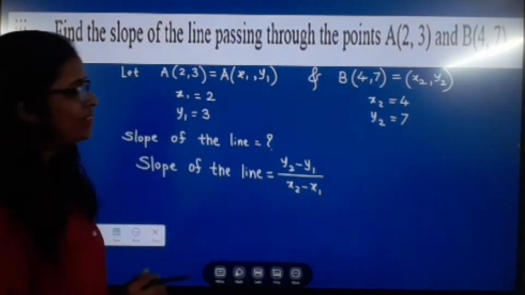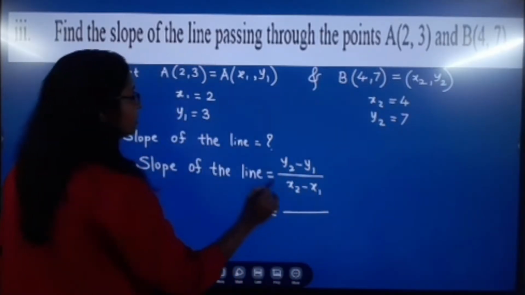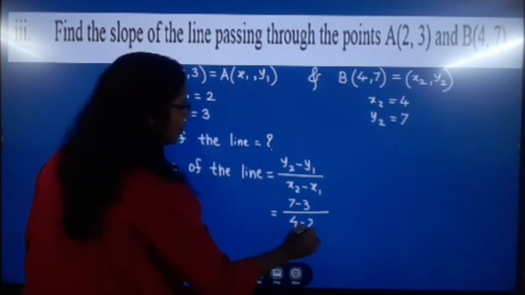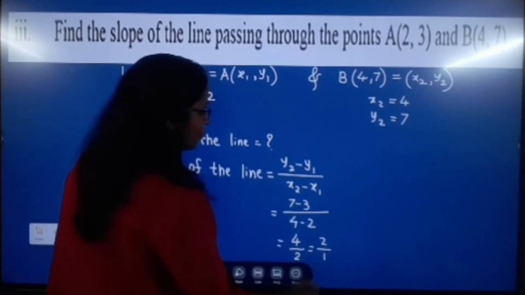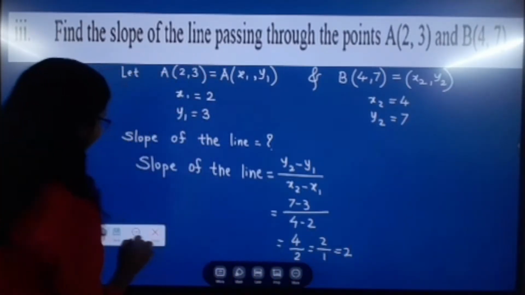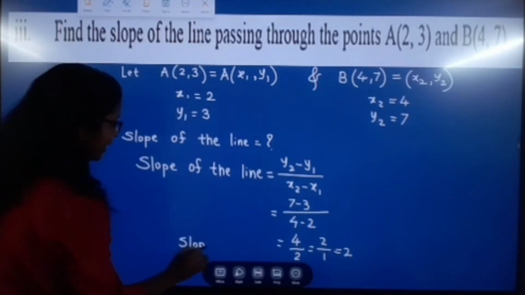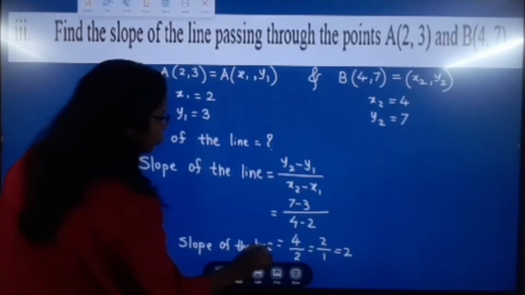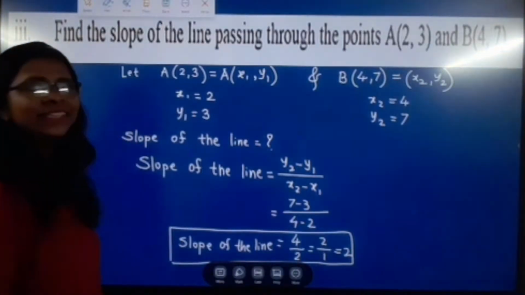So 7 minus 3 is 4, and 4 minus 2 is 2. Two ones are 2, two twos are 4, so it is equal to 2. So the final answer: slope of the line is equal to 2.